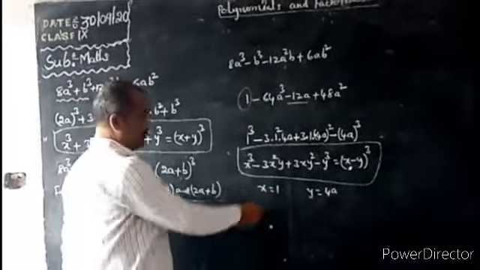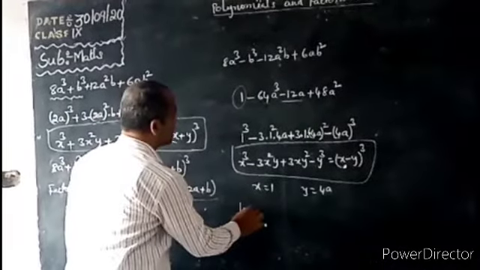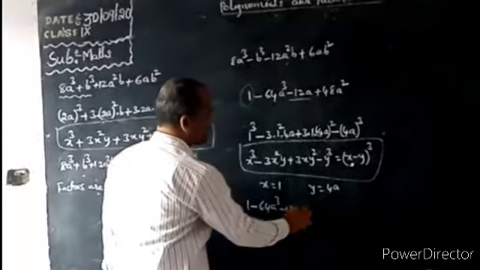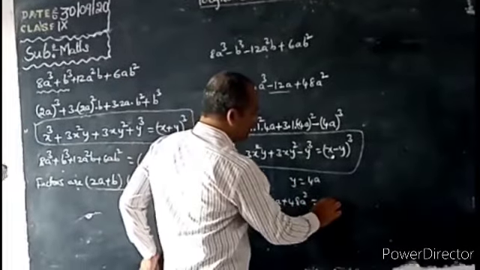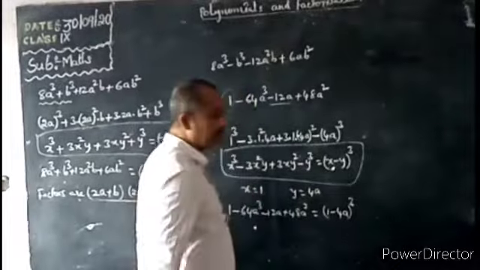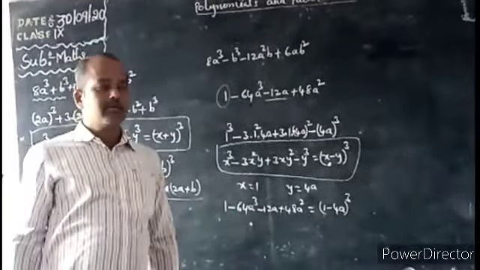Now apply your formula. What does it become? 1 minus 64a cube minus 12a plus 48a square can be written as 1 minus 4a whole cube. So the factors are 1 minus 4a, 1 minus 4a and 1 minus 4a.